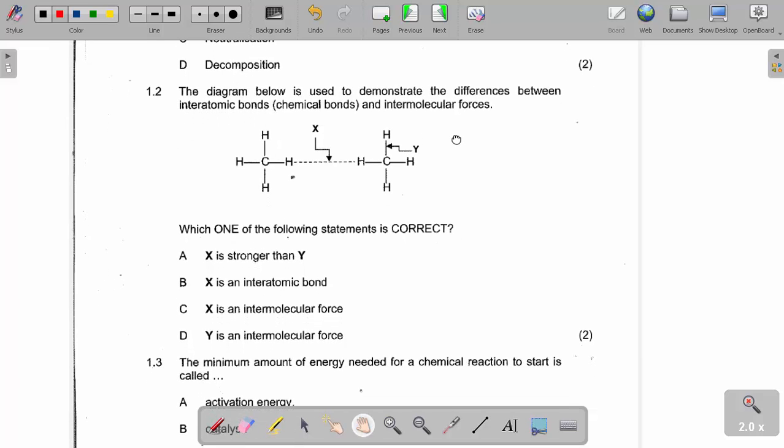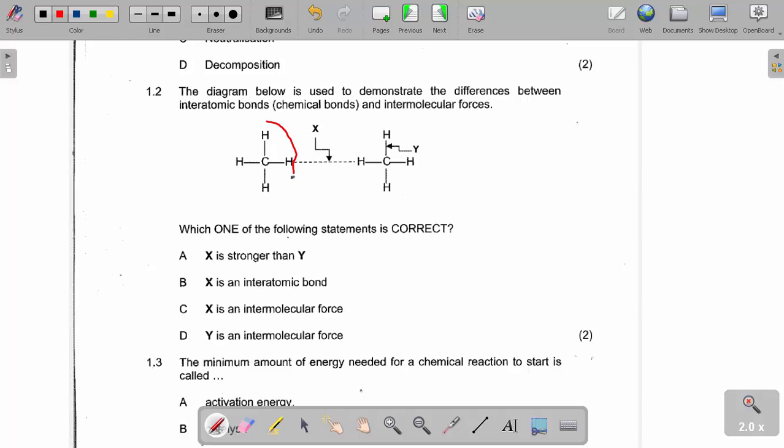The diagram below is used to demonstrate the differences between interatomic bonds, that's chemical bonds, and intermolecular forces. Before I proceed, I need to show something here, guys. This is a methane molecule, this one here which I'm surrounding.